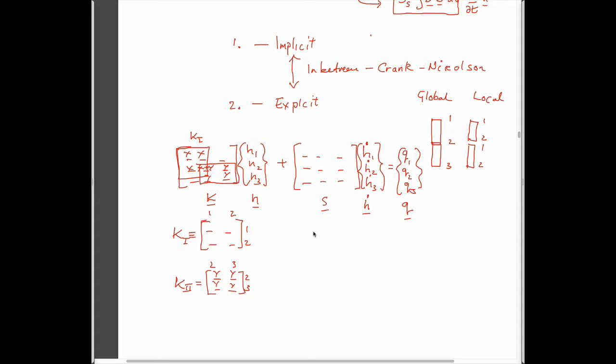I suppose we also know now the storage matrix, S1. What does that look like? Again, it has to be 2 by 2. We're going to use this lumped storage term where we have only the terms on the diagonal, and so when we put that in here, we'll end up with these locations.